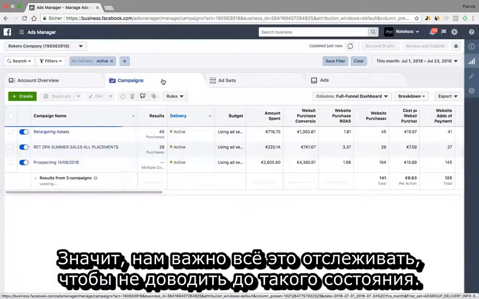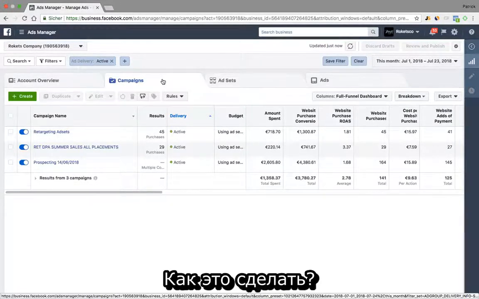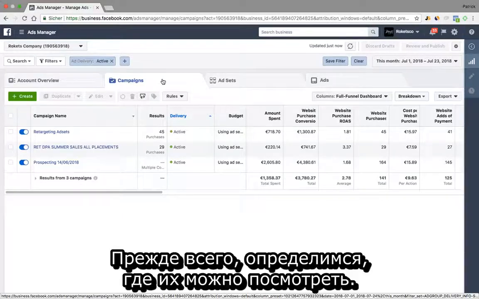So it's very important for us, first of all, to monitor that in order to see that it doesn't happen, and when it happens it's important to actually take the right actions. So how do we do that? First of all, where do we find it?